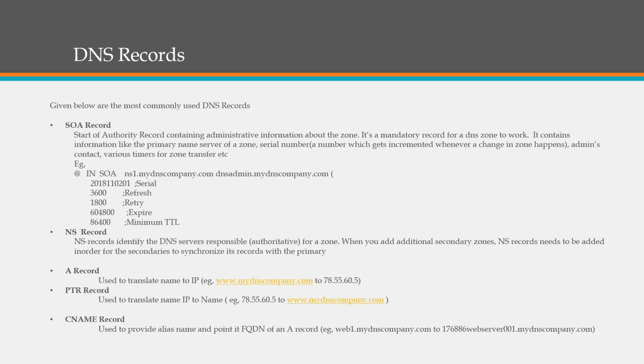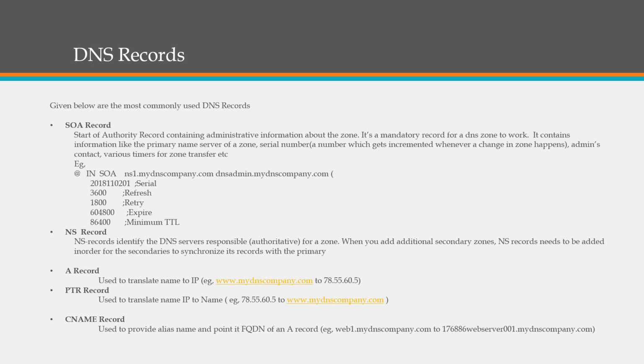Then there are the admin's contact and various timers for zone transfer, like the refresh interval and retry interval. All these things are key parameters for the zone transfer. This example shows how an SOA record looks and what information it contains.